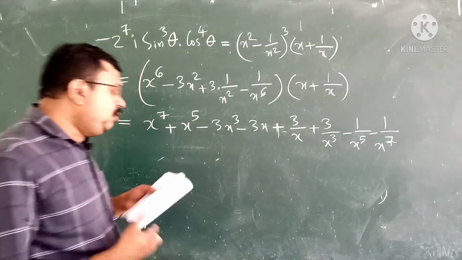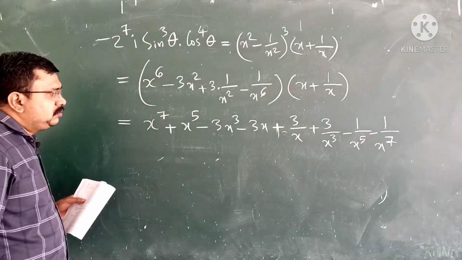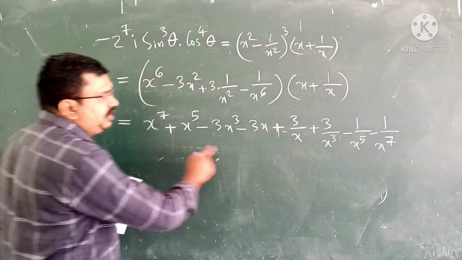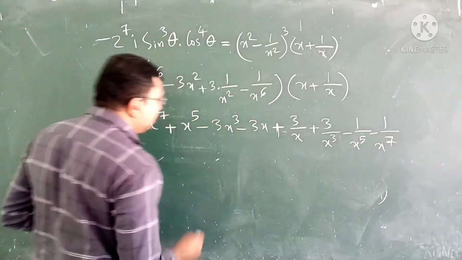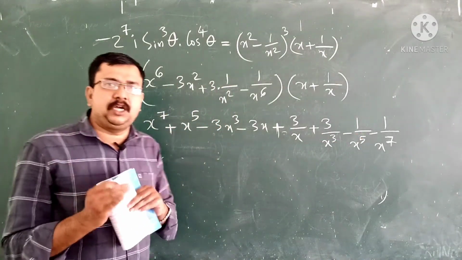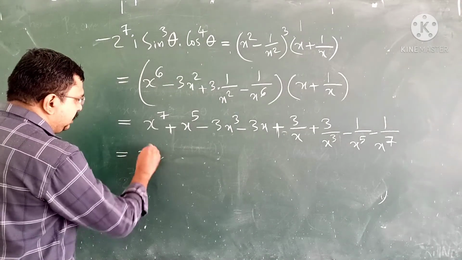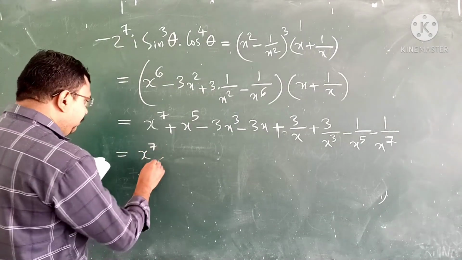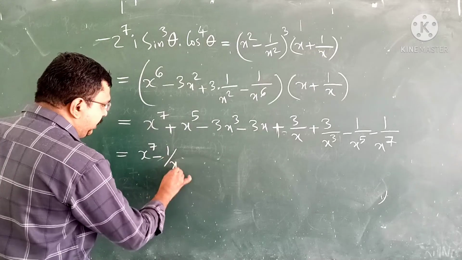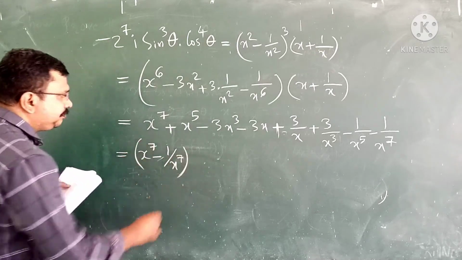Okay. Now we can group x raised to 7 and minus 1 by x raised to 7. That is one group. Therefore, it will become x raised to 7 minus 1 by x raised to 7.